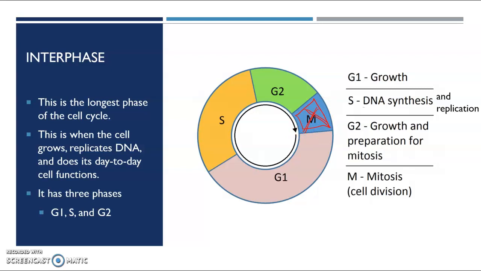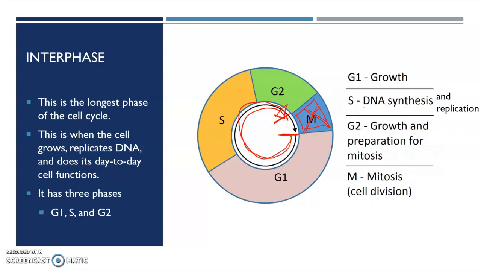Interphase is the largest phase of the cell cycle. It starts here at this beige color, and it goes all the way around to the green.